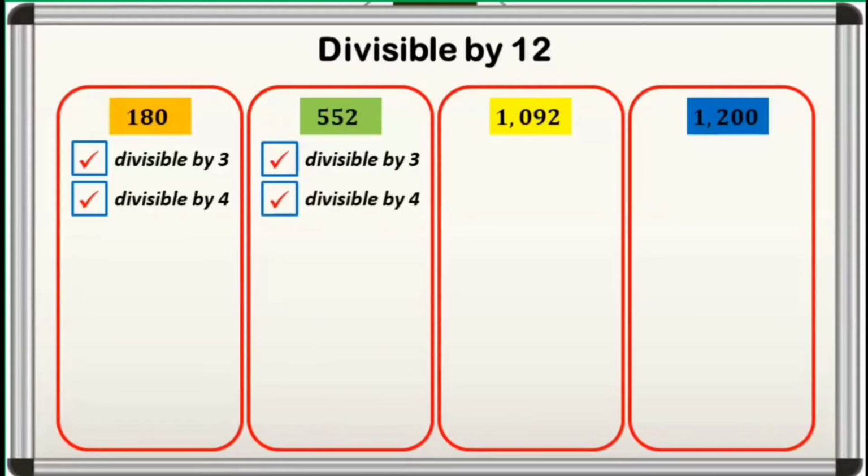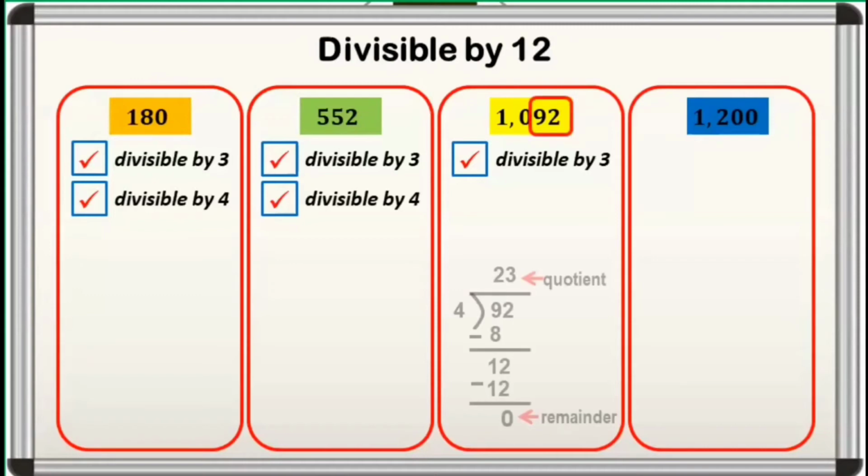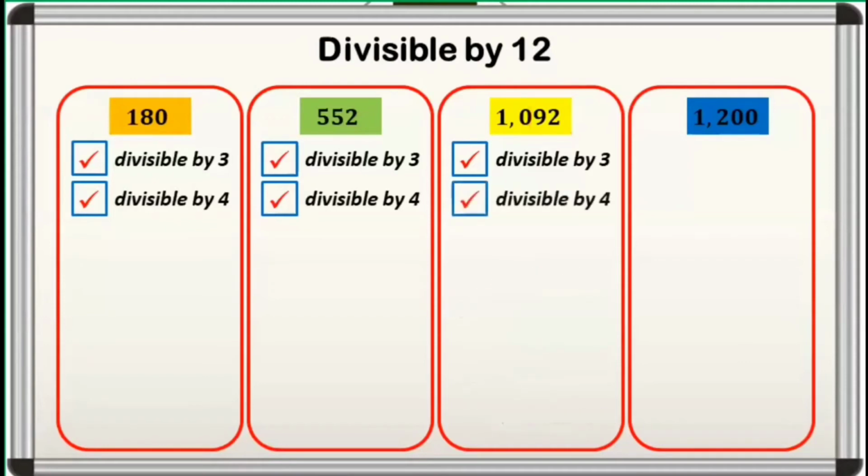For the number 1092, the sum of its digits is 12. So, the given number must be divisible by 3. Also, the number formed by its last two digits is 92. And when we divide it by 4, we will see that it is divisible by 4. So, the given number must also be divisible by 4.